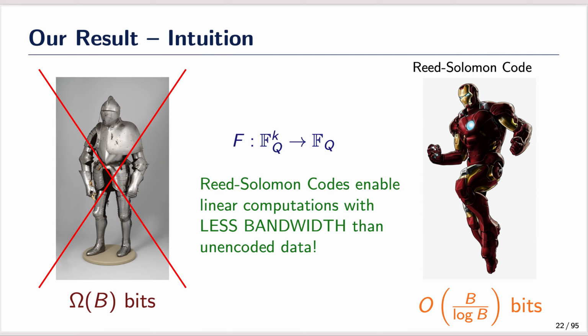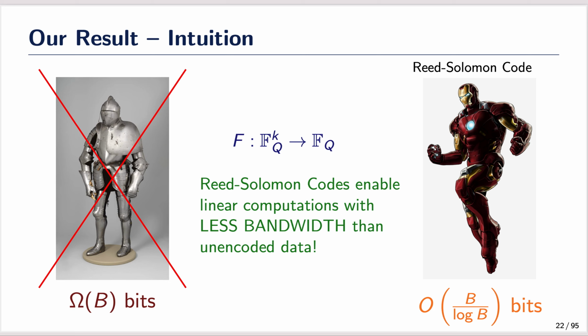And that's because they don't just protect your data, but they give you this new capability of computing any arbitrary linear function with b divided by log b, that's the little o of b from before, bits downloaded.